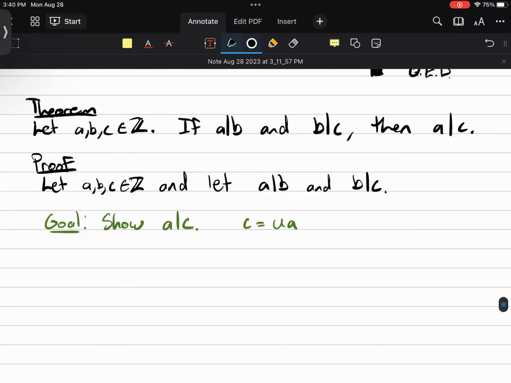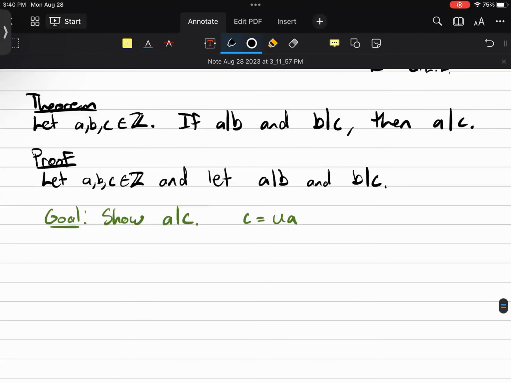What definitions can we use? We use the one that we just used. Divisors, right? We know A divides B and B divides C, so we can break down what that means. Definition.